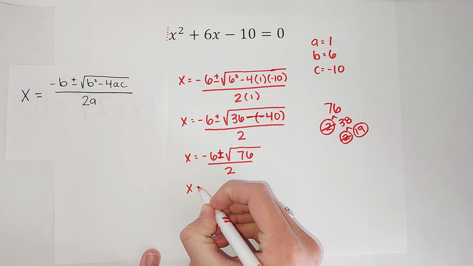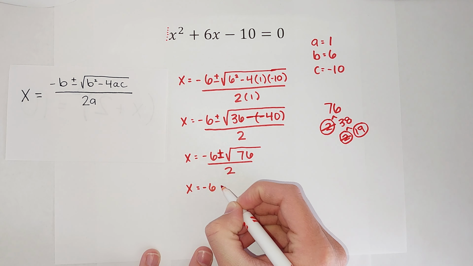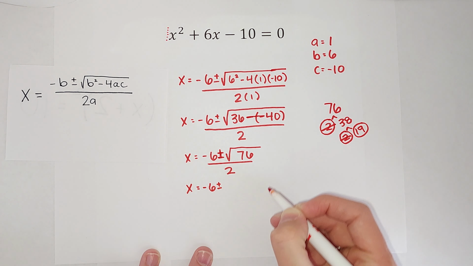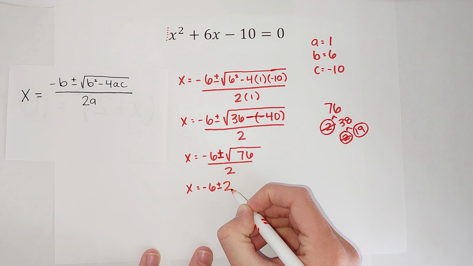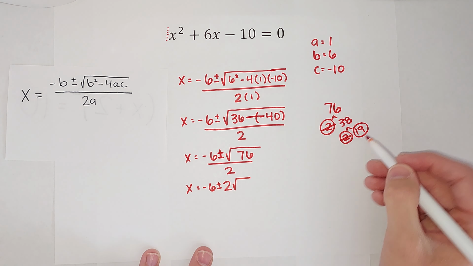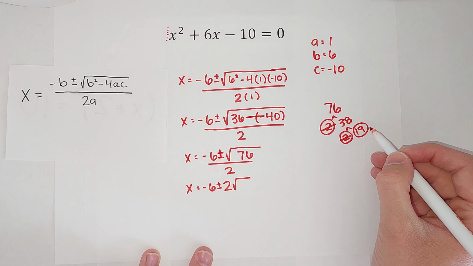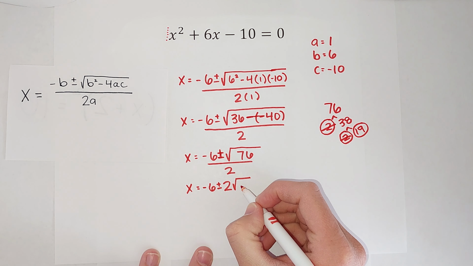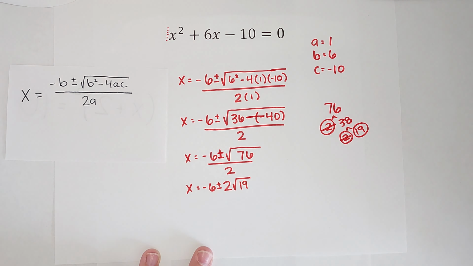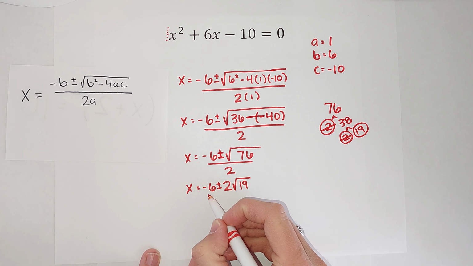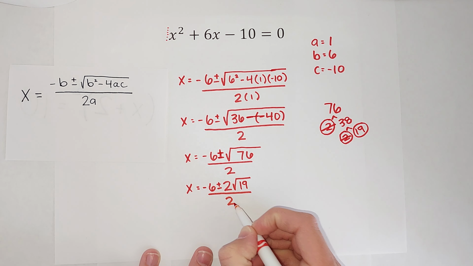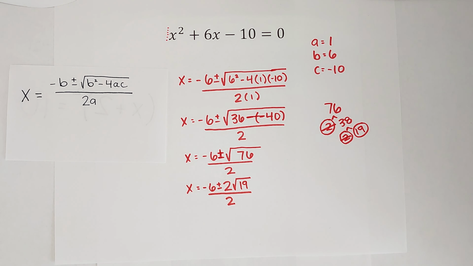So I'm going to have x equals negative 6 plus or minus, I'm pulling that 2 out, 2 square roots of, the only thing I have left when I pulled that out was 19, still under the radical, okay? And then this is still all over 2. You're like, it looks a little better, but it's still a little scary looking, right?